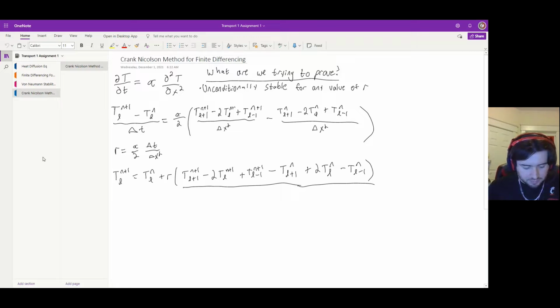So that will leave us with negative r times our block to the right, 1 timestamp in the future, plus parentheses 1 plus 2r times our temperature at our current block, 1 timestamp in the future, minus r times our temperature of our block to the left at our current timestamp.